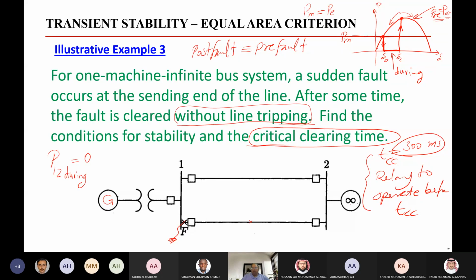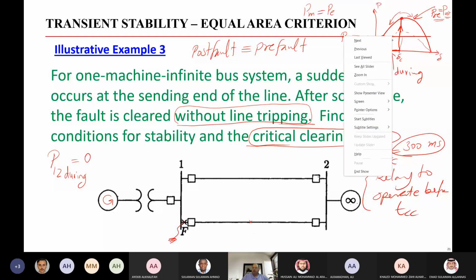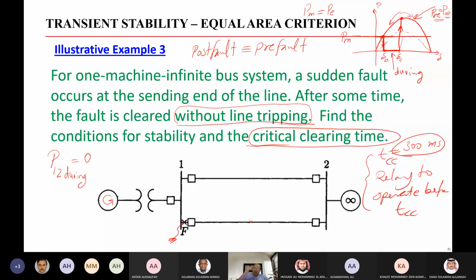So in post fault, we have another P-delta curve. When we clear the fault, it will not go up, it will come to the post-fault curve here. And finally, the system will settle down here, unless you switch back the transmission line.